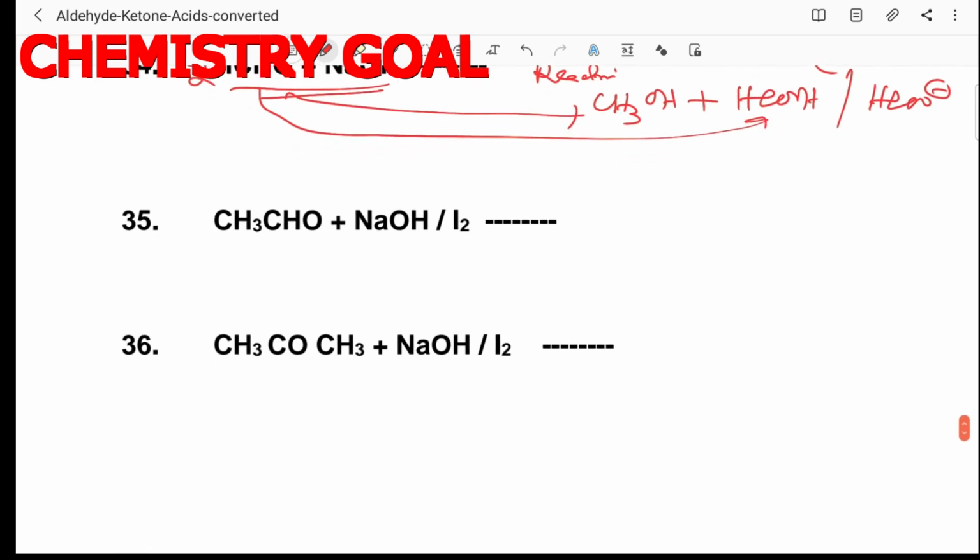Then CH3CHO plus NaOH, and this reaction is generally called the iodoform test.